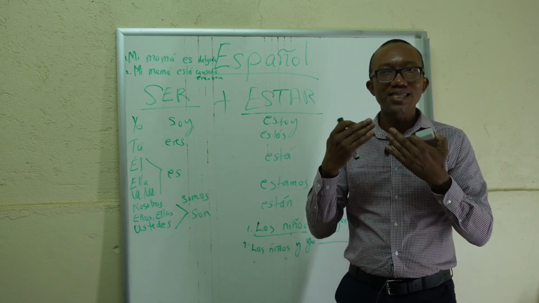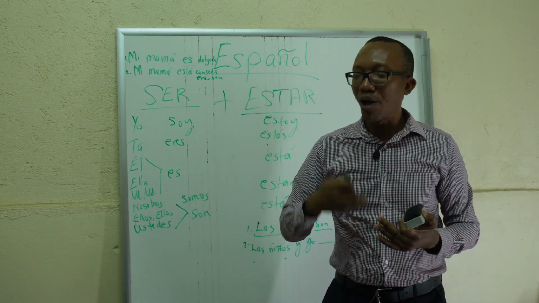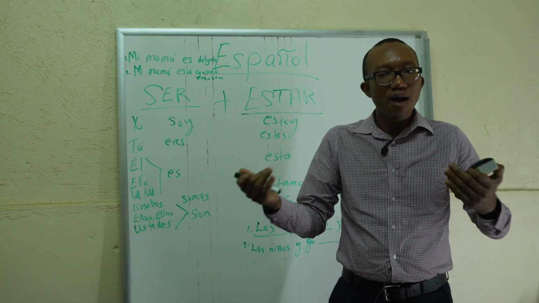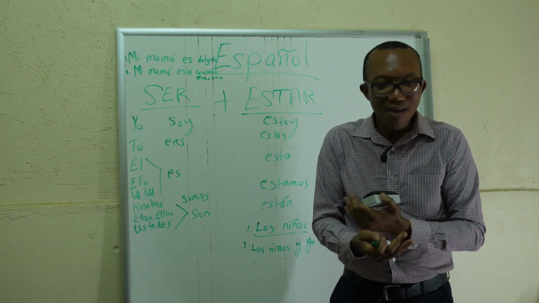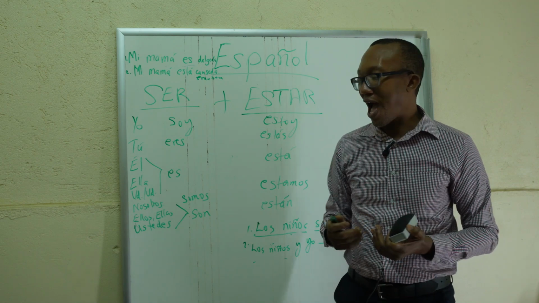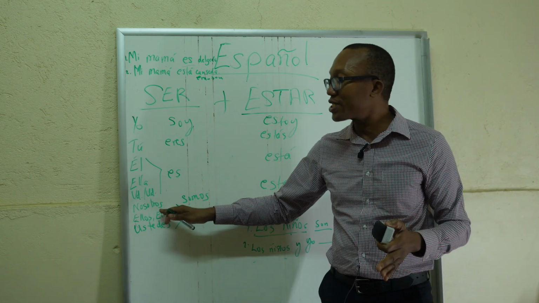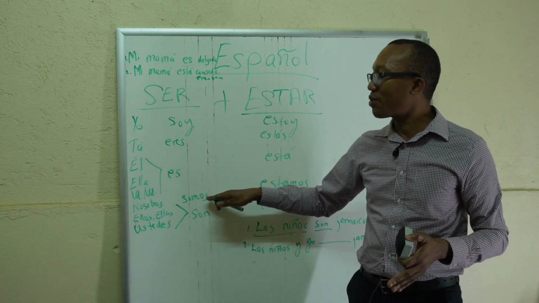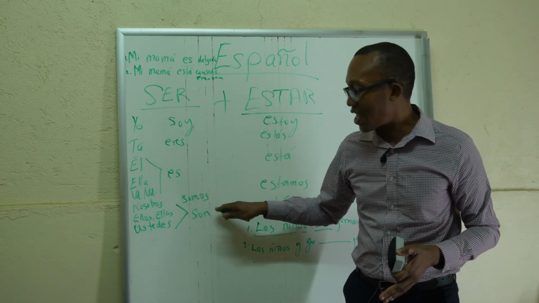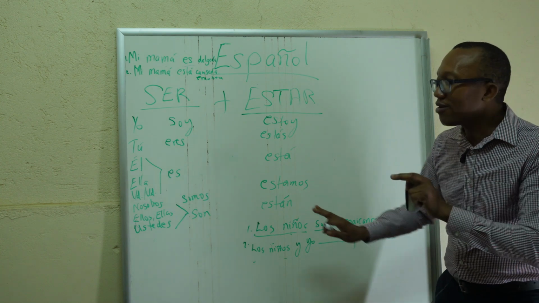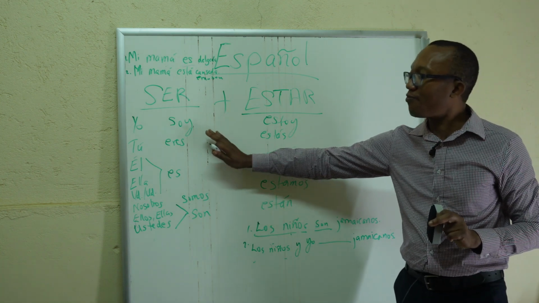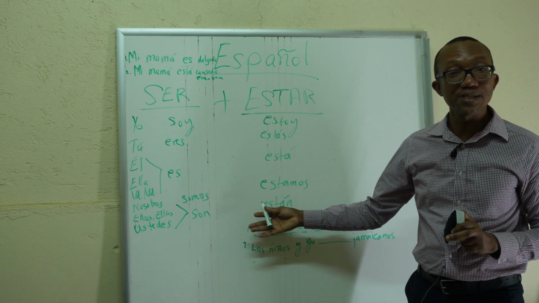So you put yourself with others or one other person, it becomes we. If you say we, you are correct. And of course, we know that the pronoun for we is nosotros, and the form that goes with it is somos. So no other form would work except somos.